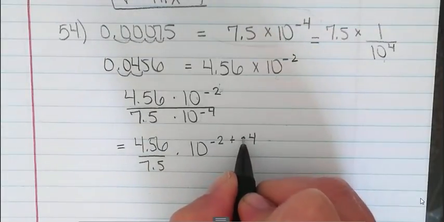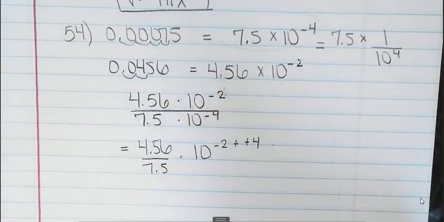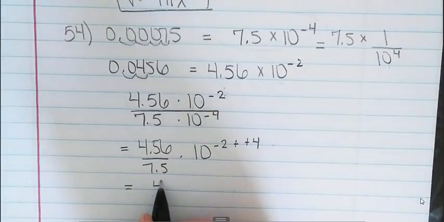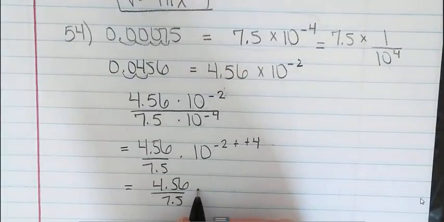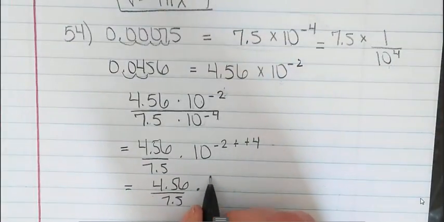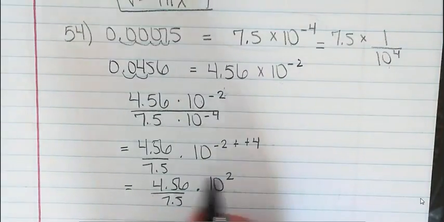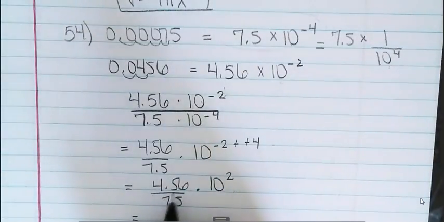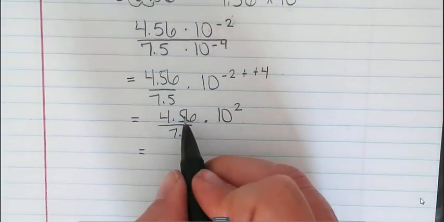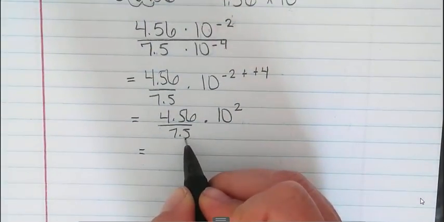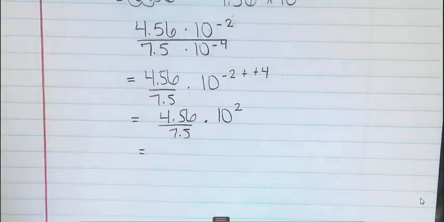These actually become positives. I'm left with 4.56 over 7.5 times 10 squared. Well, 10 squared is really 100. So 4.56 divided by 7.5, let me get my calculator.